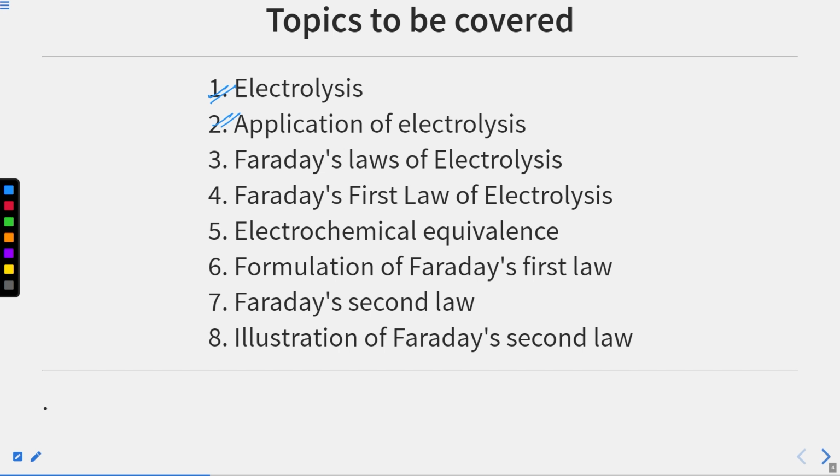We will see what electroplating is, what purification is, and how electrolysis contributes in all these industrial processes. Next, we will see Faraday's law. It has two laws, Faraday's first law and Faraday's second law. We will see their formulations, how the formula is formed, and at last we will see some illustrations so that we can get a clearer picture of Faraday's law.